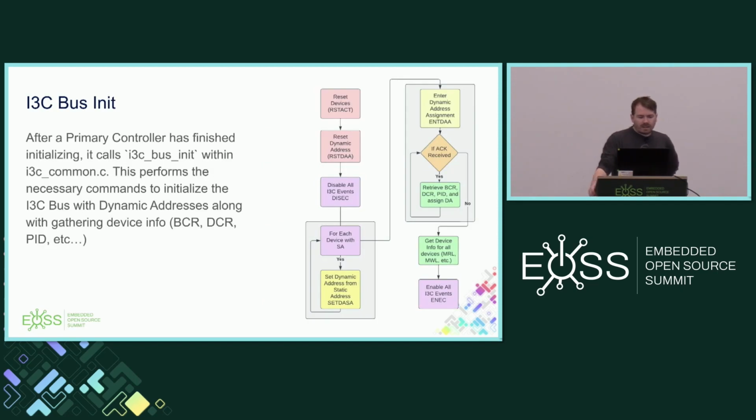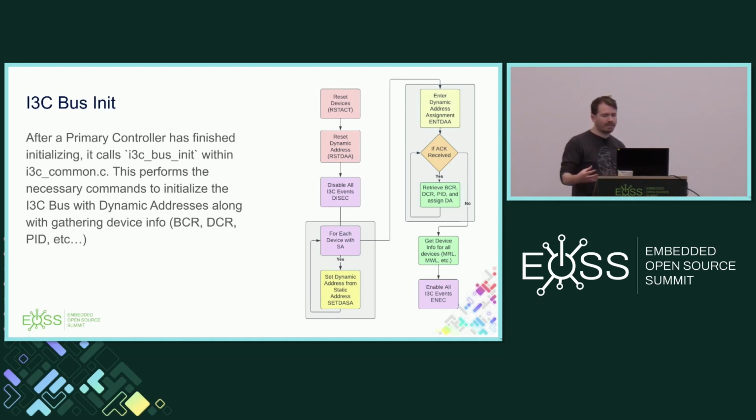All right, so there's even a helper function in here. When a primary controller has finished initializing, there is an I3C bus init within I3C common.c, and this handles the common code between each driver so we're not duplicating code in multiple places. Basically, this will reset all the devices on the bus.